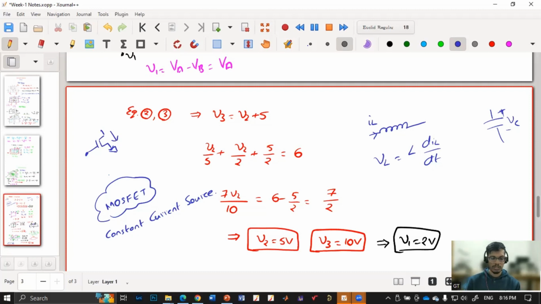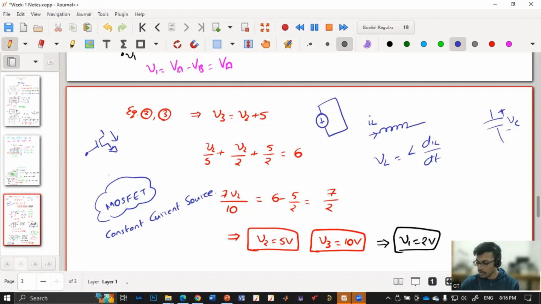So just remember that there are no ready-made current sources. It has to be made from a circuit. MOSFET is not a current source. MOSFET connected in a particular way can act like a current source, but it is also not an ideal current source. An ideal current source, I can short it and it still behaves like a current source.